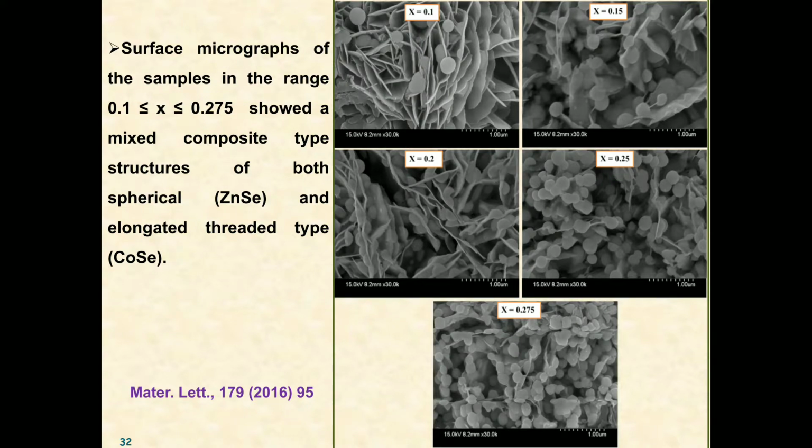Surface micrographs of the samples in the range 0.1 ≤ x ≤ 0.275 showed a mixed composite type structure of both spherical ZnSe and elongated threaded type CoSe, and this data is published in the journal Materials Letters.